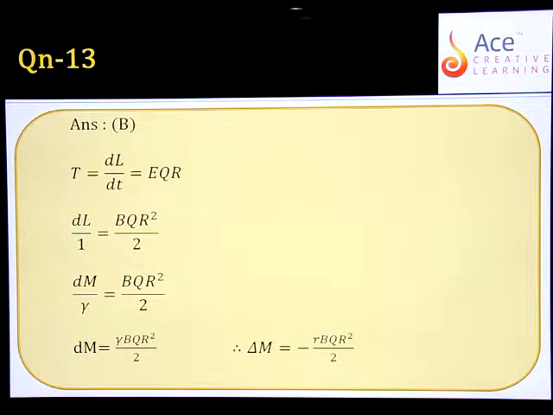So when you calculate dL, you can substitute dL as dM by gamma as given in the problem, and substitute the value for E, the induced electric field, as B r by 2. We get dM, that is the change in magnetic moment, to be the given value, and the effect always opposes the cause, hence delta M should be negative, which makes it option B.